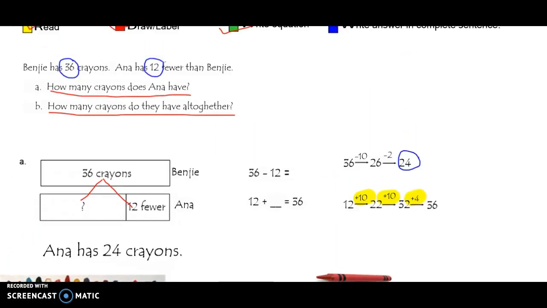All right, so part B wants to know how many crayons do they have all together? Well, now I can see that Benji has 36, and I see the 3 sets of 10 and the 6 ones, and now I know that Anna has 24, so I can see 2 sets of 10s and 4 ones.